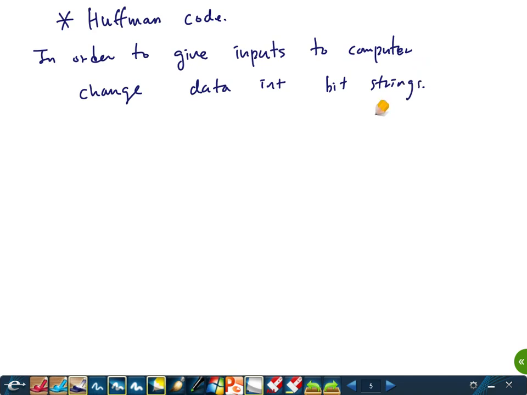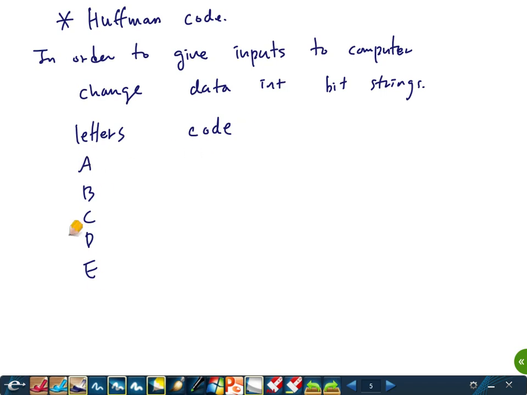For instance, we know the alphabet A, B, C, D, but if you want to give this as input to a computer, we need to encode it in terms of zeros and ones.